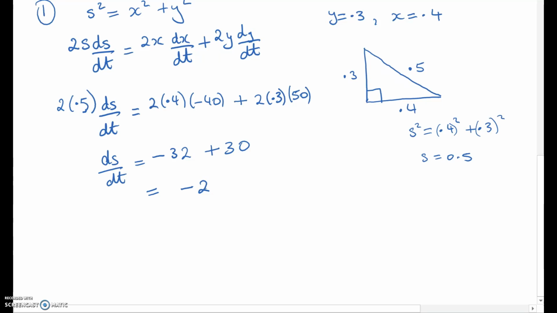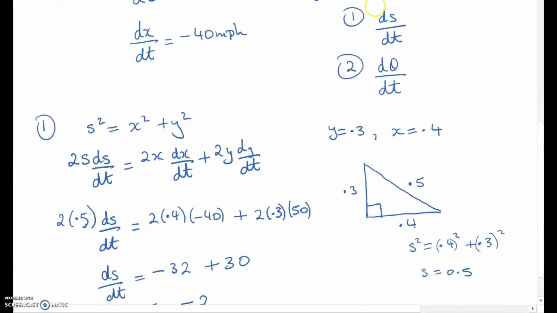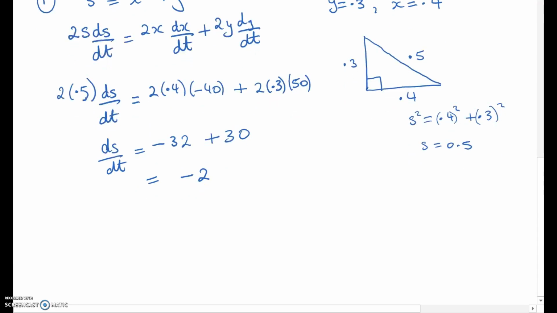Now, s was a distance. Be careful of your units here. s was a distance, and all the distances were given in terms of miles, and time was measured in hours, so it's negative 2 miles per hour.